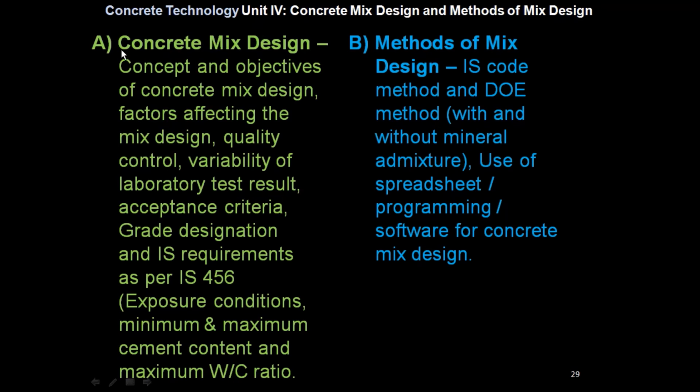The concrete mix design, which include concept and objectives of concrete mix design, factors affecting the mix design, quality control, variability of laboratory test results, acceptance criteria, grade designation and IS requirement as per IS 456, exposure conditions, minimum and maximum cement content and maximum water cement ratio. It also includes part B, methods of mix design, IS code method and DOE method with and without mineral admixture, use of spreadsheet, programming software for concrete mix design.